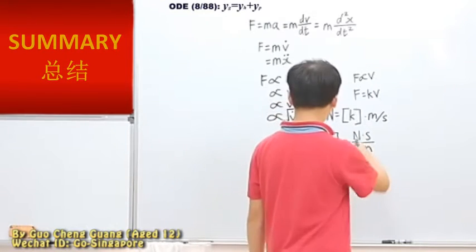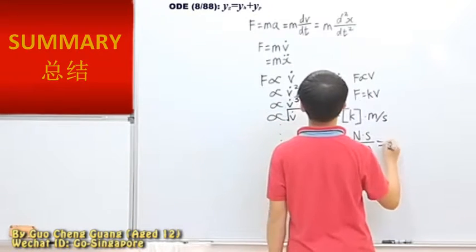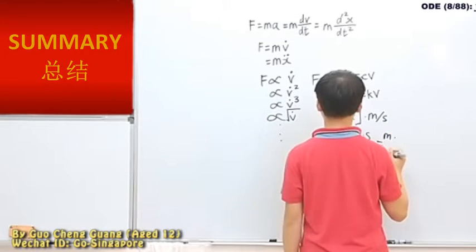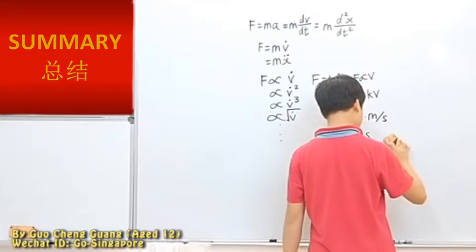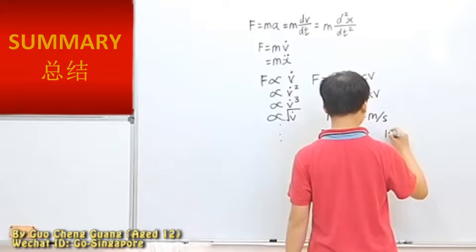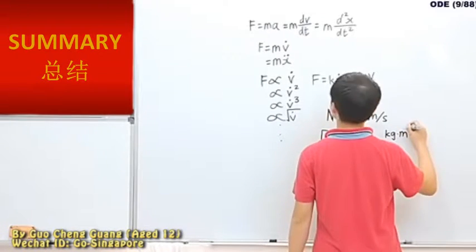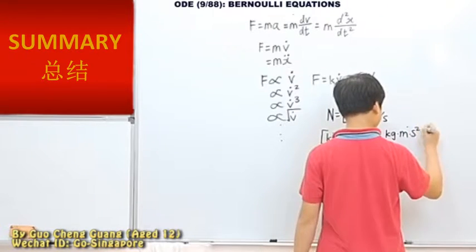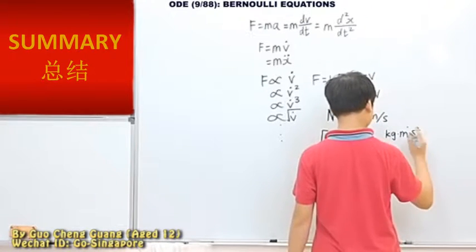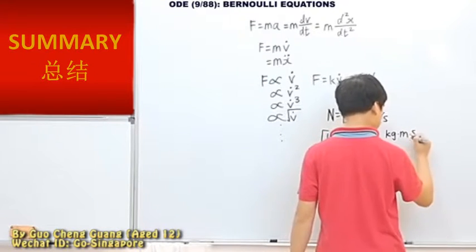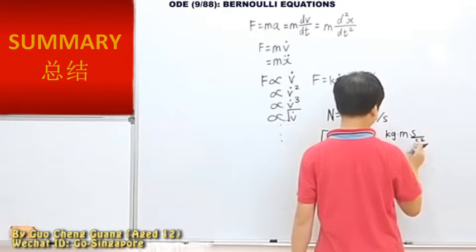For this Newton, which is this M, there's still the kg, because mass is usually in kg.